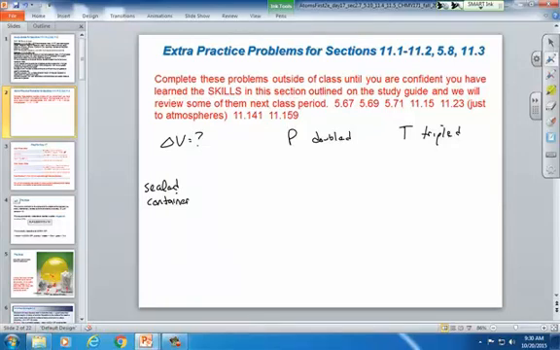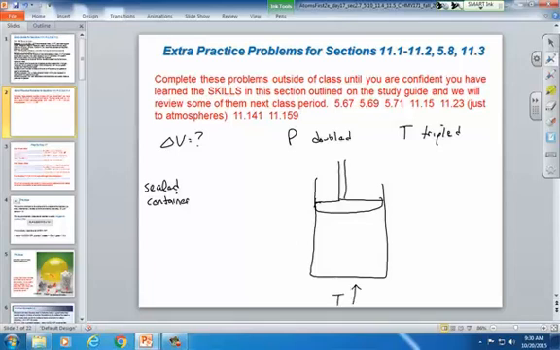So if we have some sample with an adjustable volume, maybe this piston here can move up and down, but there's no leaking, and I'm going to increase the temperature by heating this sample up. The temperature is going to increase 3 times from what it was.